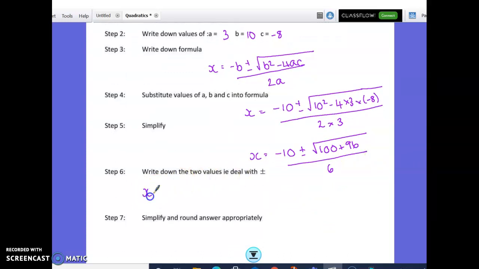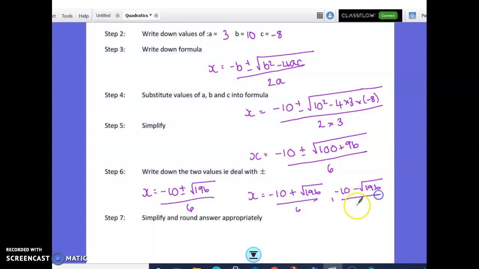So we get x is minus 10 plus or minus the square root of 196, not 96, all over 6. So x is minus 10, here we're going to split it up, plus the square root of 196 all over 6, and minus 10 minus the square root of 196 all over 6.